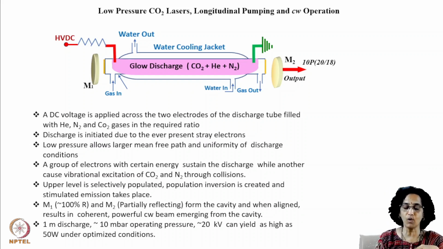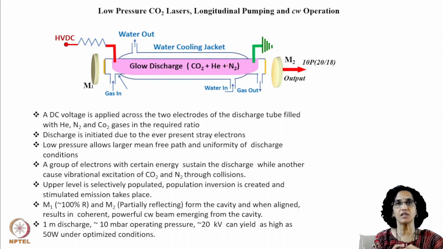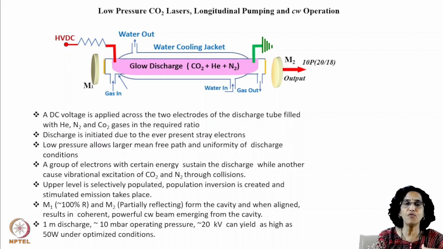And therefore, normally what is done is that although the heat is conducted away by flowing water, this gas is also replenished from the glow discharge zone by means of flowing it. So as you see here, the gas goes in, and the gas comes out.